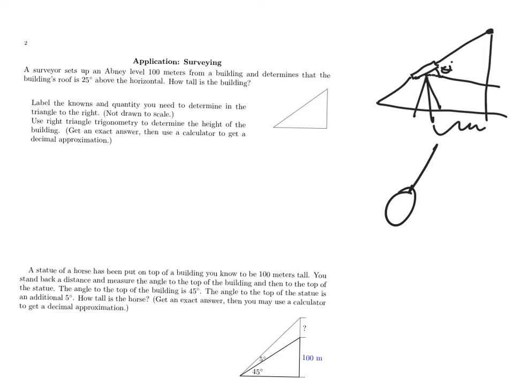So a surveyor walks, using that device, to measure 100 meters from the base of a building. Here's that building. Sets up an Abney level here and measures an angle of 25 degrees.